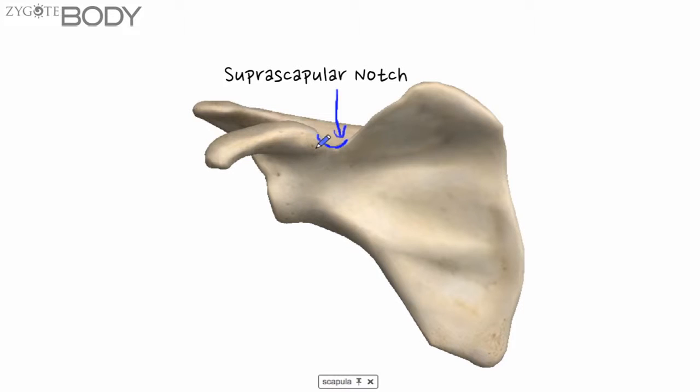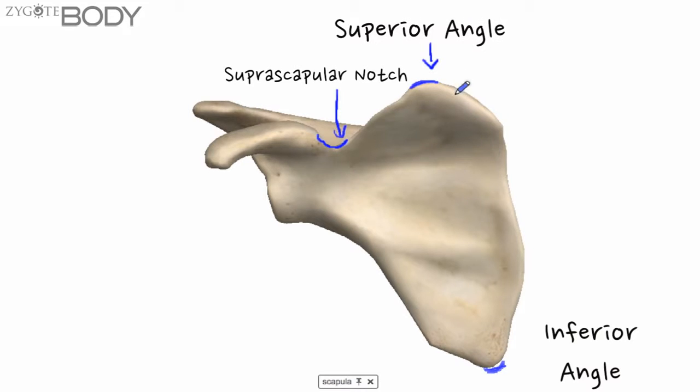Now, another important thing to know is this bottom angle here is called the inferior angle of the scapula. This area here is called the superior angle, and this here is called the medial angle of the scapula.